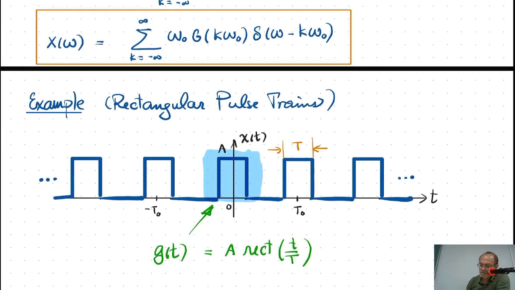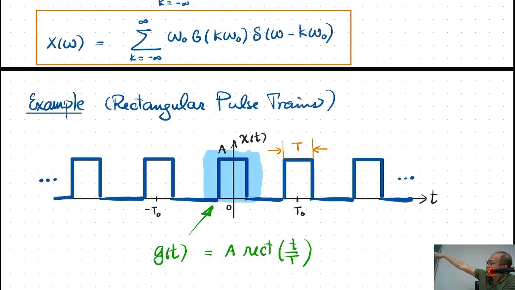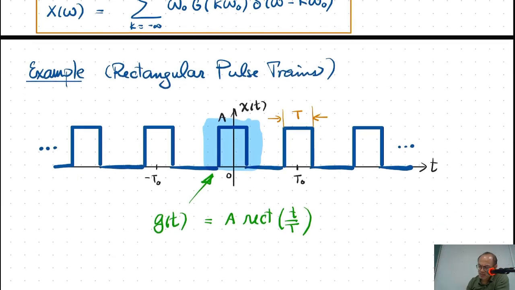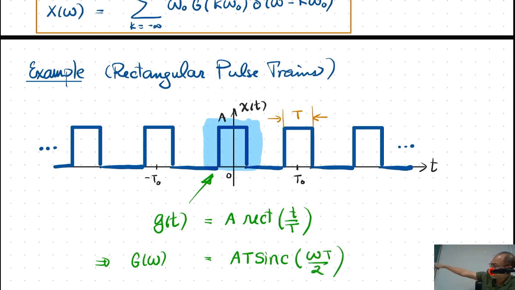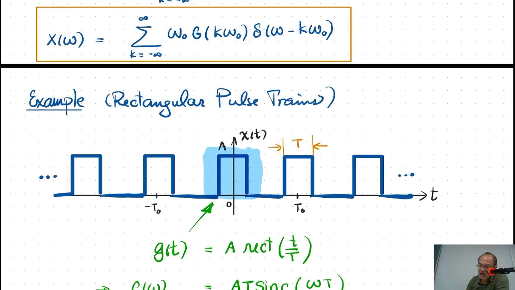Now, from the formula above, we have to find the Fourier transform of the generating pulse and replace omega with k omega 0. Because the generating pulse is a rectangular pulse, that means that g of omega, which is the spectrum of it, is A T sinc of omega T over 2. So this is the Fourier transform of each pulse. Then I have to plug it into this summation.